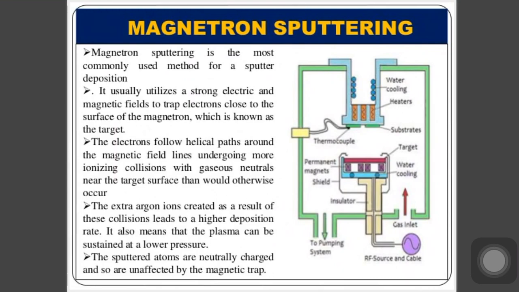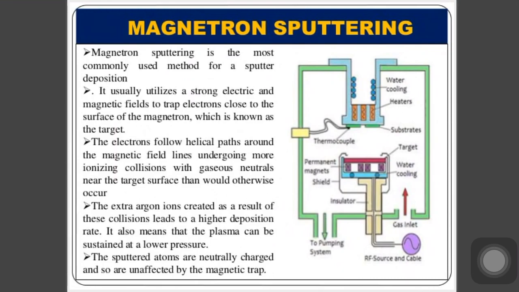Extra argon ions are created as a result of these collisions, which leads to a higher deposition rate. It also means that a plasma can be sustained at lower pressures. Sputtered atoms are generally charged and so are unaffected by the magnetic trap.